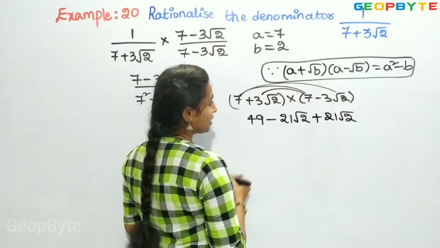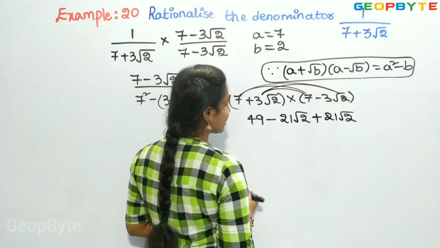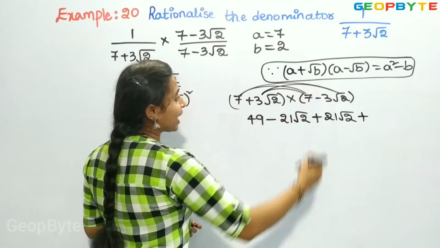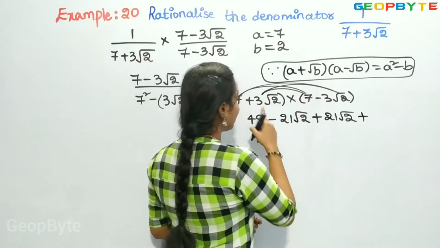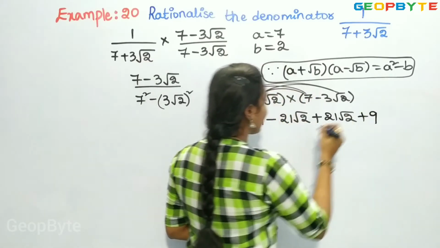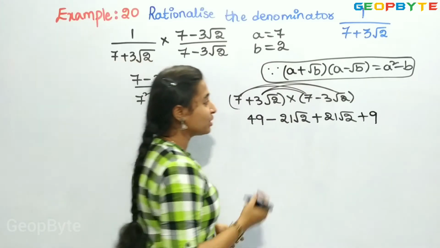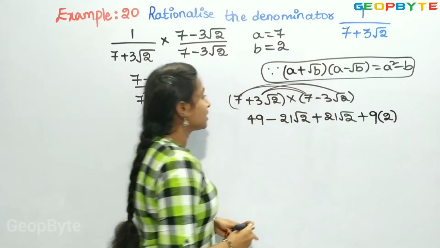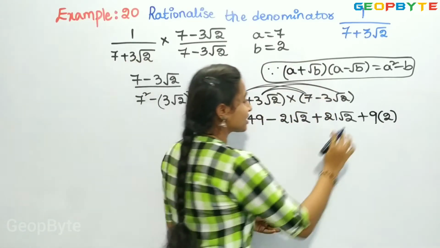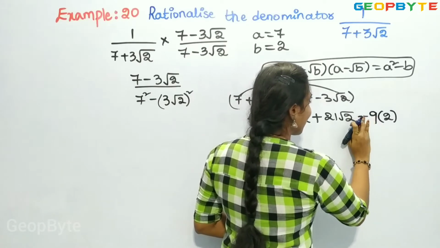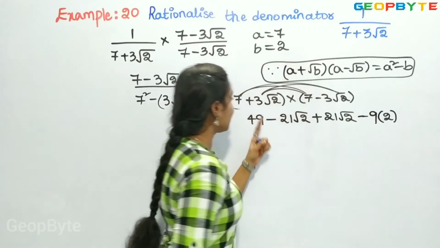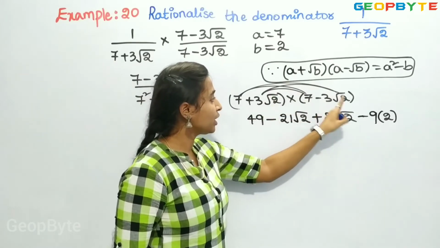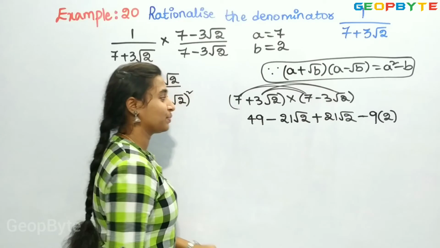Right, I have multiplied this, now I need to multiply this, plus 3 root 2 into minus 3 root 2, that is nothing but 3 threes are 9. Root 2 into root 2, it is 2. See, we have plus into minus, so it is minus. Right? Plus into minus is minus, 3 threes are 9. Root 2 into root 2 gave you 2.